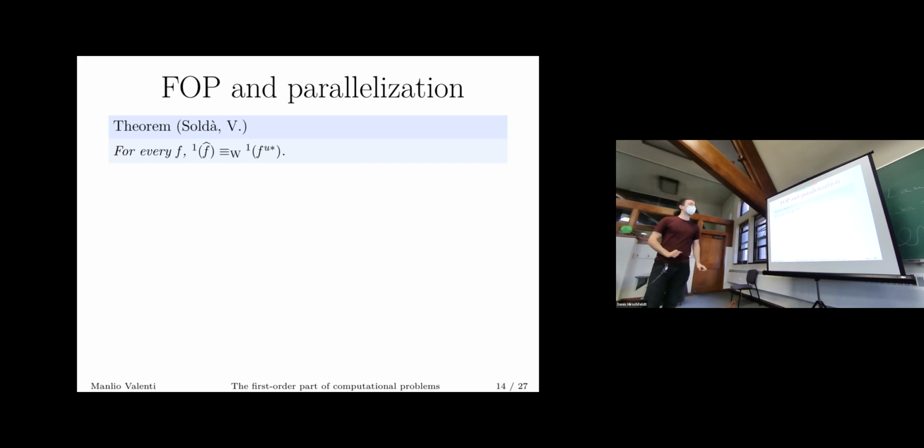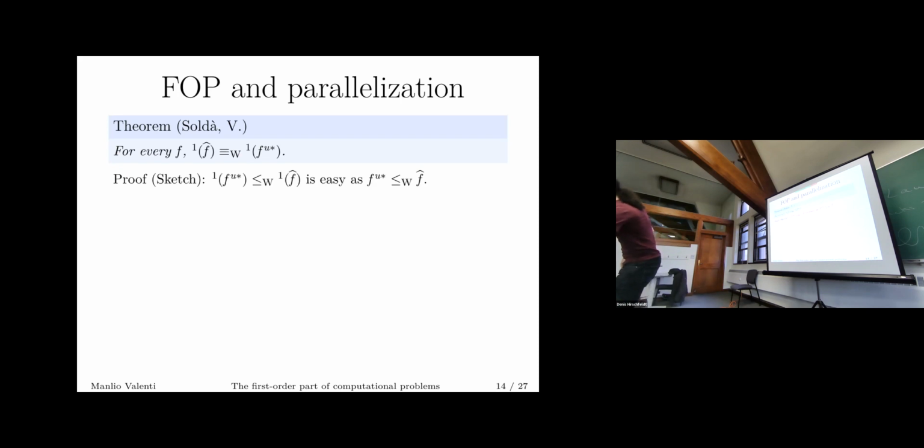The first result here is that if you want to compute the first order part of a parallelization, you might as well just consider finitely many columns. The proof is fairly simple. One direction is trivial, it just follows from the fact that the first order part is degree theoretic, so that direction is not interesting.